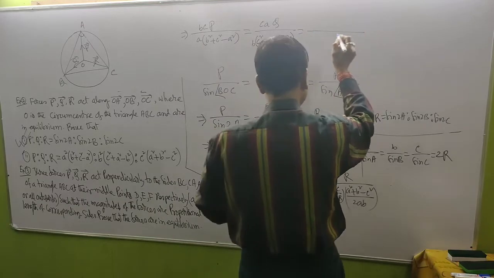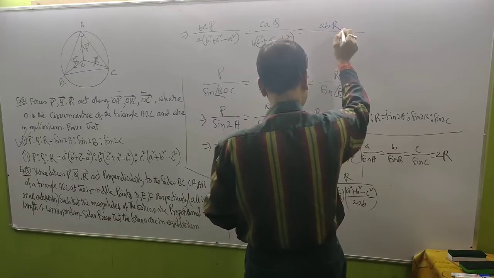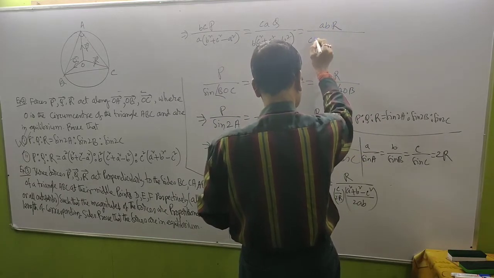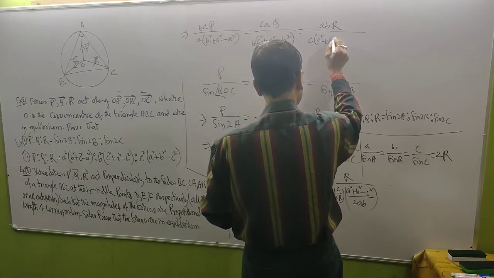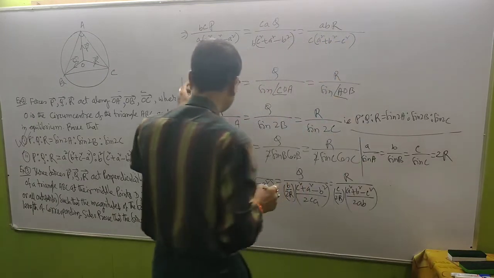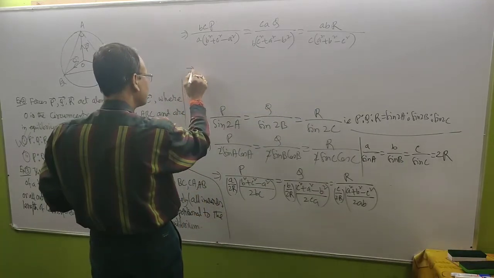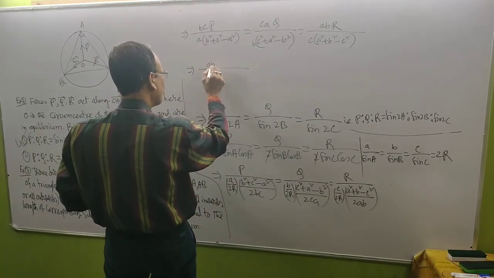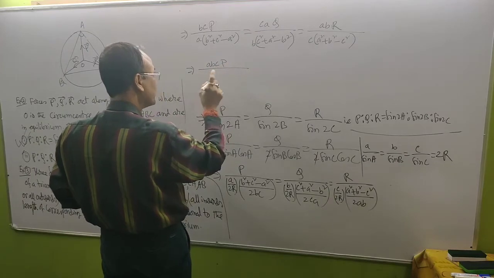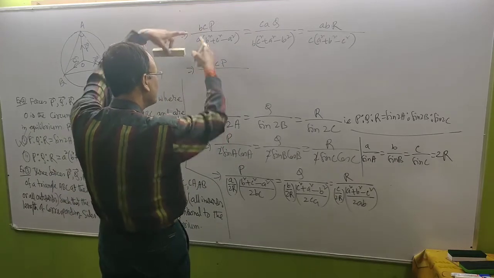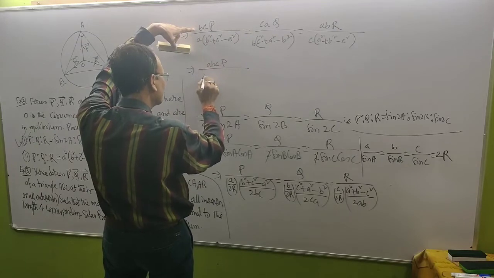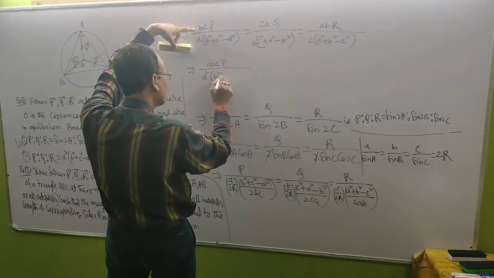This is equal to abr, c into a square plus b square minus c square. You will get this one. This means multiply both sides by a. Numerator by a and denominator by a. You will get this one.